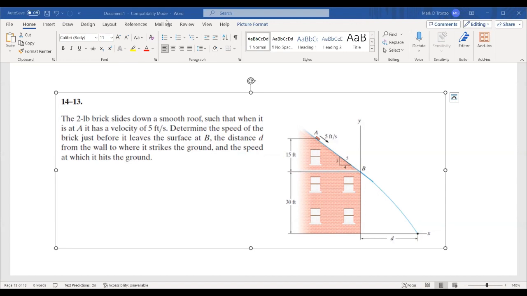Determine the speed of the brick just before it leaves the surface at B. Also determine the distance D from the wall to where it strikes the ground and the speed at which it hits the ground.